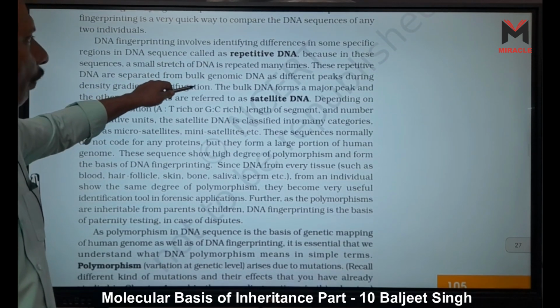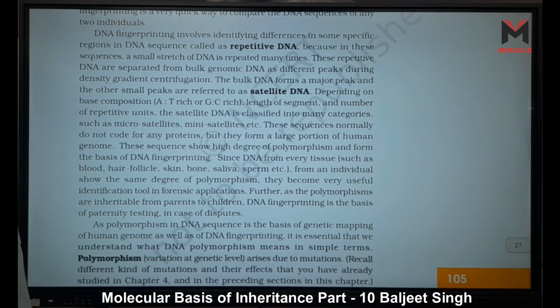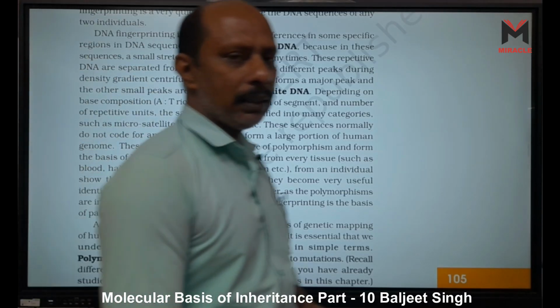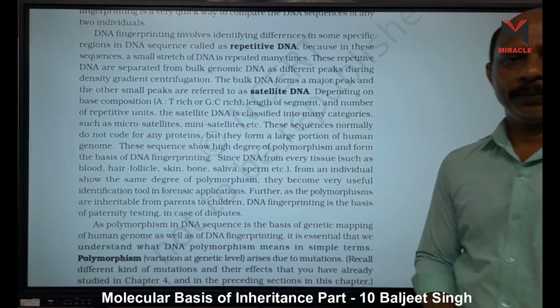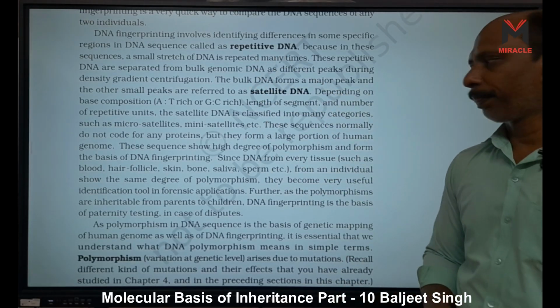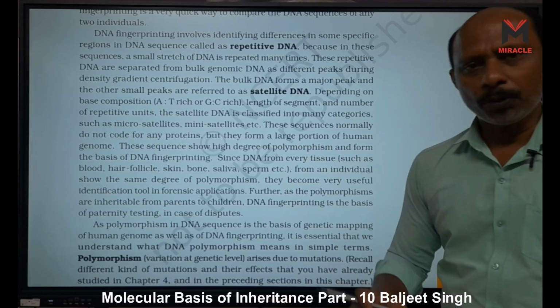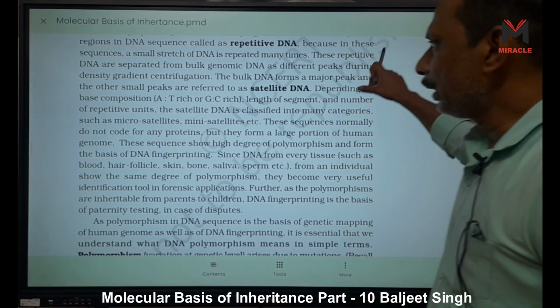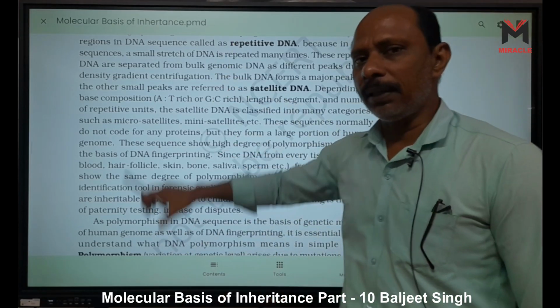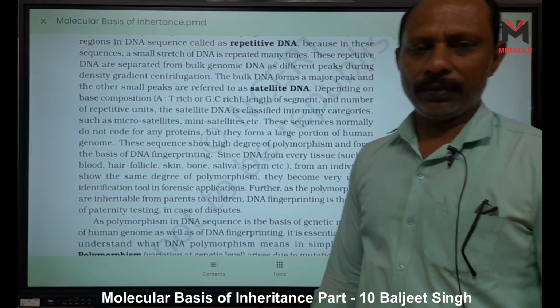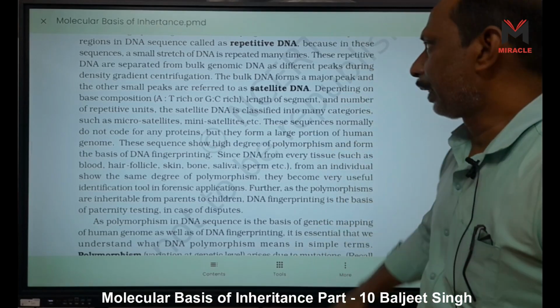DNA fingerprinting involves identifying differences in some specific regions of DNA sequence, and these specific regions are called repetitive DNA, which makes up the major portion of our DNA. In these sequences, a small stretch of DNA is repeated many times, 100 to 1000 times, right?